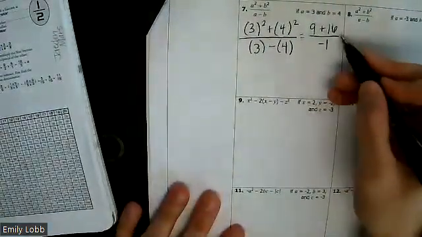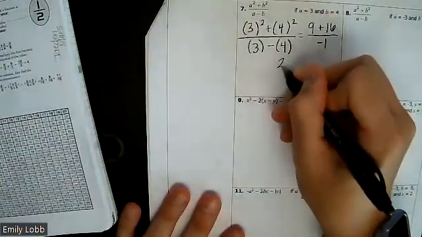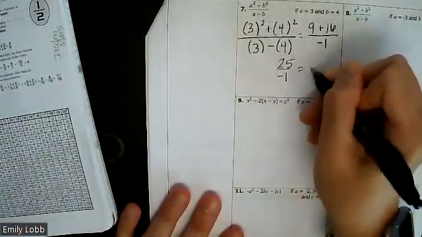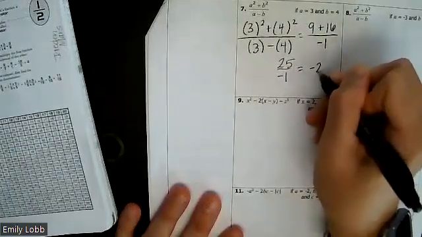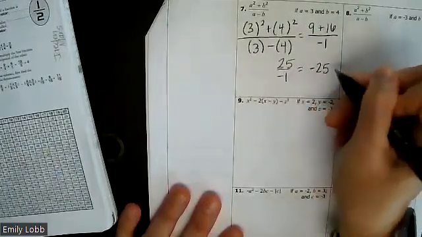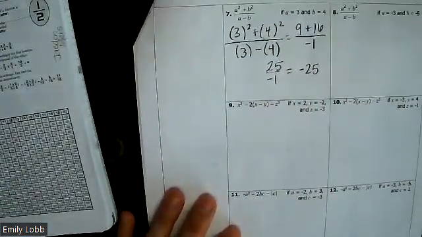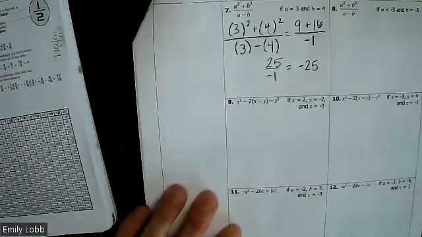So what is 9 plus 16? 25 divided by negative 1 gives us negative 25. All right. I'm going to have you guys try the evens on this side.